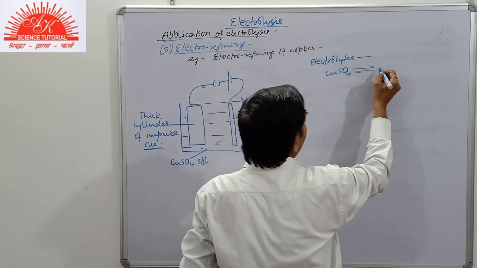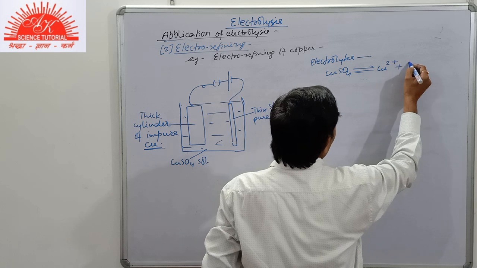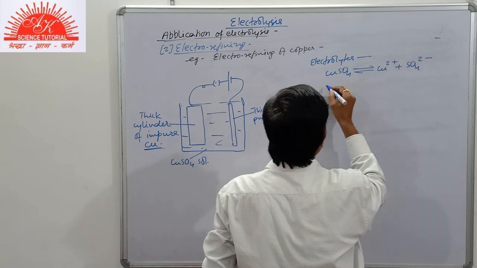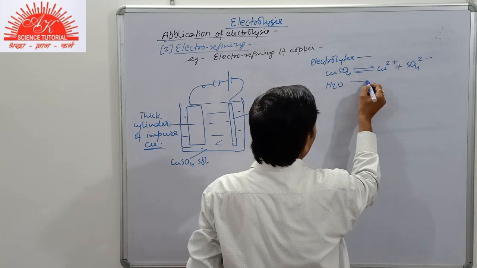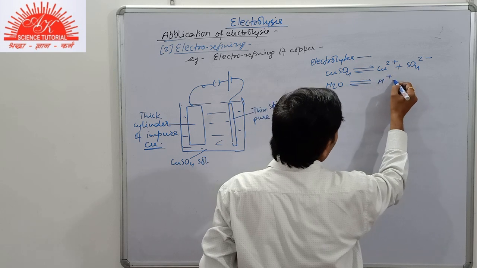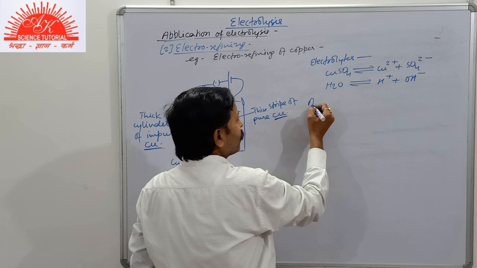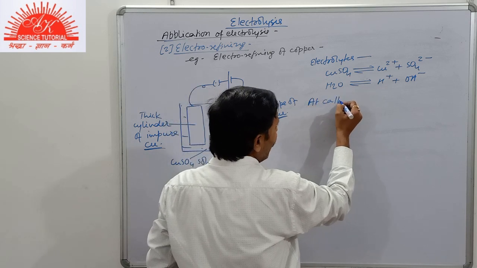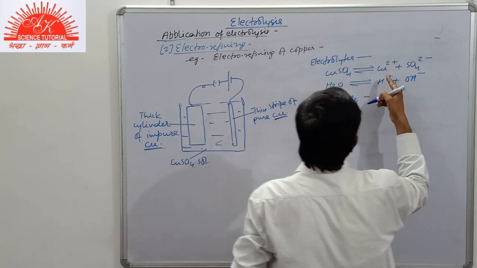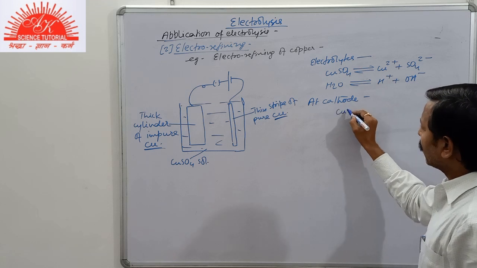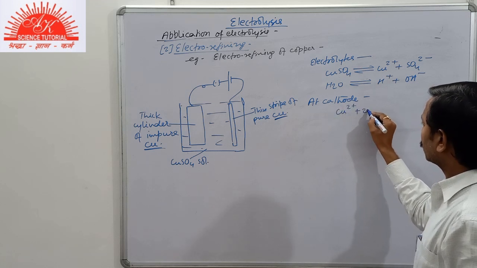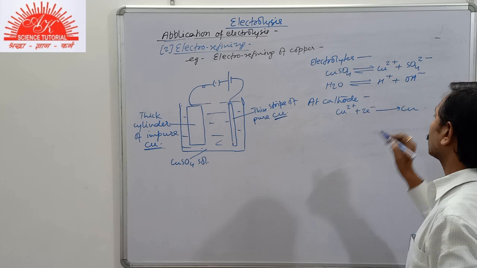CuSO4 gives us Cu2+, SO4 2- ions, H2O because it is aqueous solution, H+ and OH- ions. Now the reactions. At cathode, again you see cupric ion will be discharged, no problem.